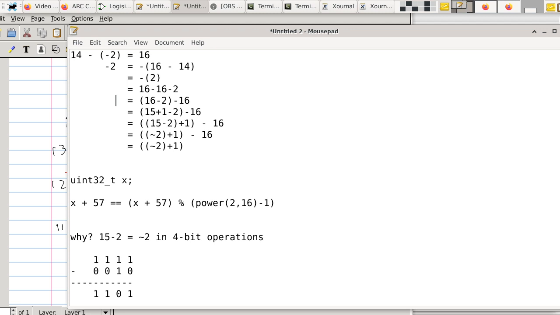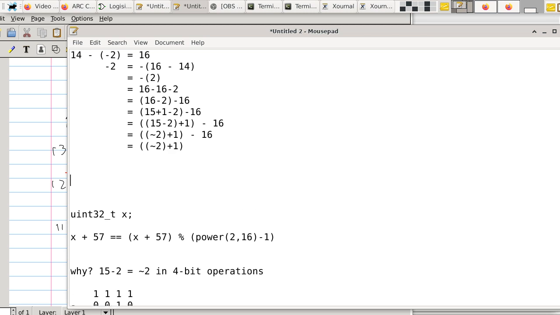So from our discussion over here, 16 minus -2, and then the arithmetic negation of 2, ends up being the bitwise not of 2 plus 1. Let's formalize this. We're basically saying, give me a bit pattern. X is a bit pattern.